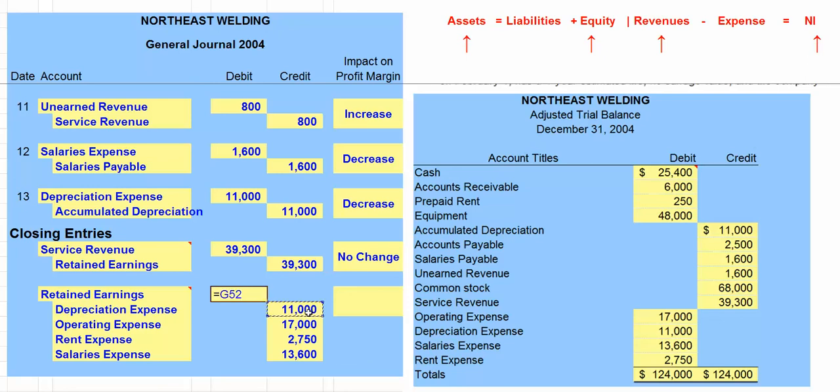And the sum of all those will be our debit, in this case, to retained earnings in the amount of $44,350. And of course, there's no impact on our profit margin from recording our closing entries.